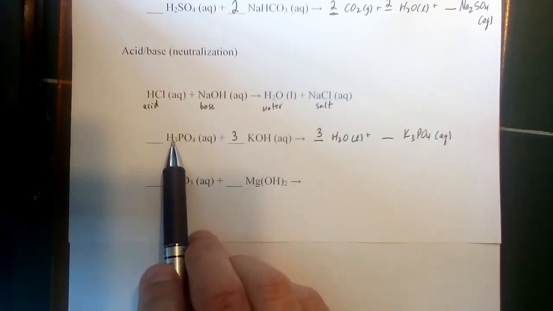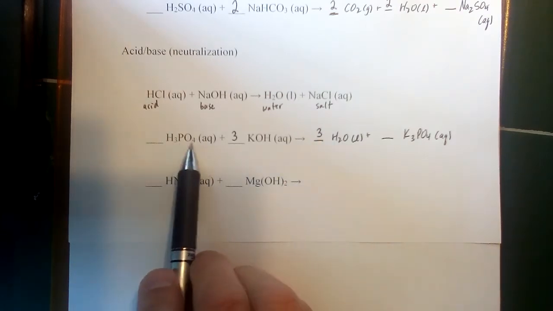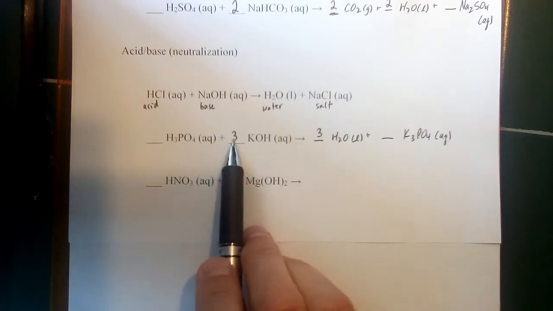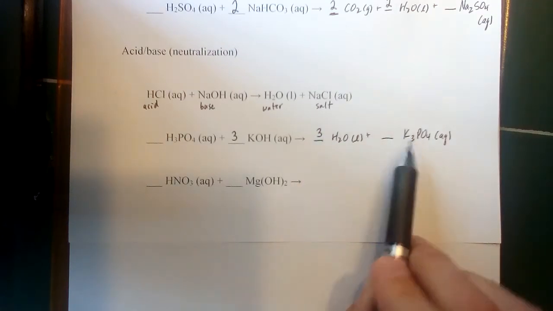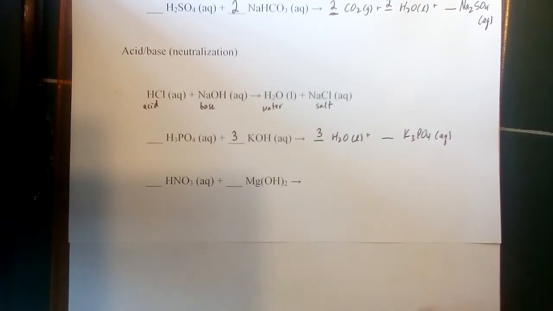So that would be 3 plus 3, 6 hydrogen, 6 hydrogen there, 1 phosphate here, 1 there, 3 potassium there, 3 potassium there, right? 3 oxygen there, 3 oxygen there. So that balances. Okay.